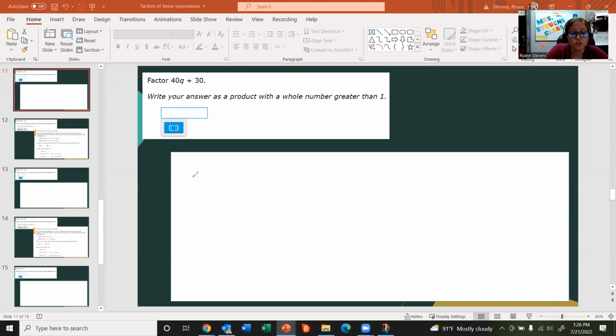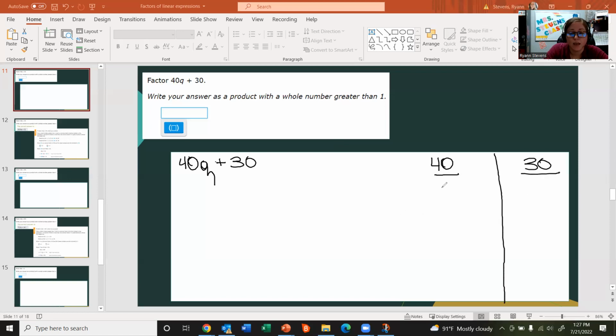We're going to choose the biggest number that we have. So I write 40q plus 30, and I'll think of my factors of 40 over here and 30 over here.